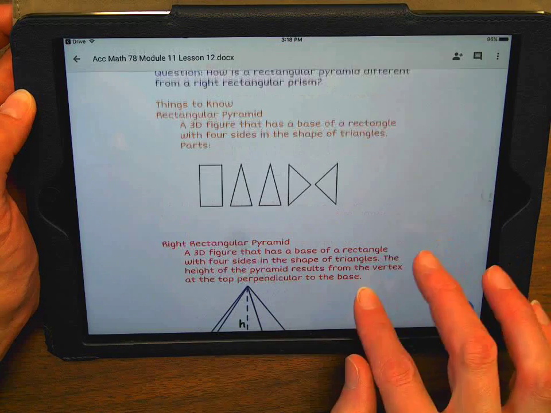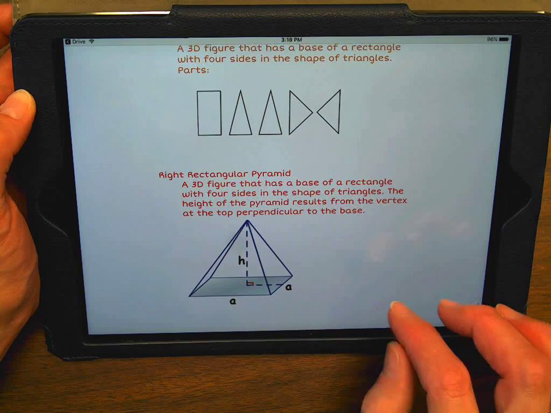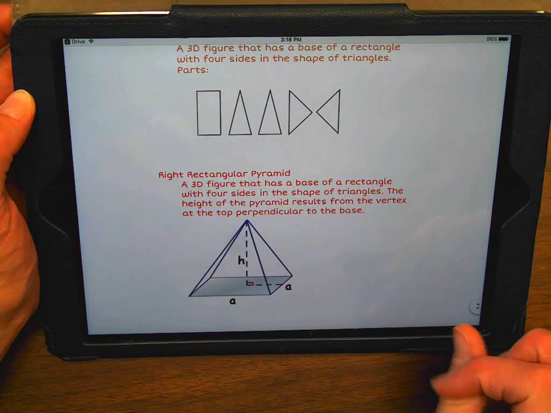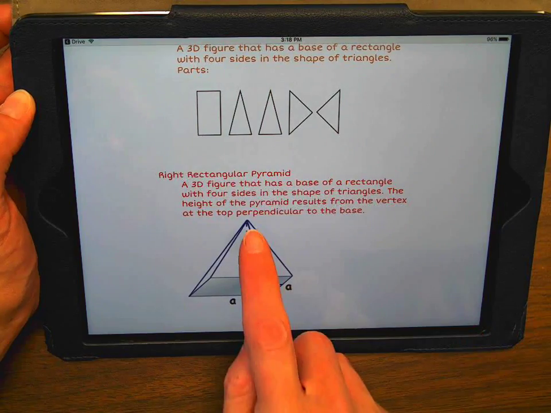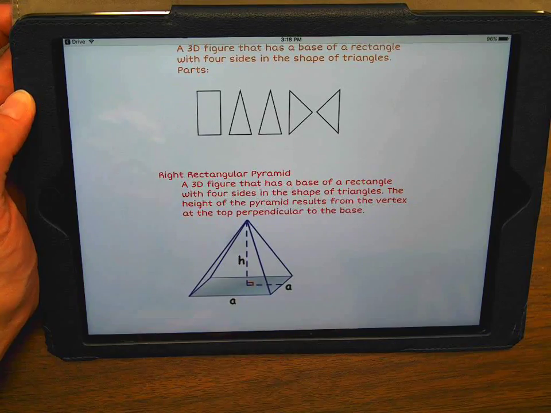The difference between a regular rectangular pyramid and a right rectangular pyramid is that this height is perpendicular. And some of you are thinking, well, Mrs. Nelson, how can you have a pyramid where it isn't perpendicular? I'll show you.